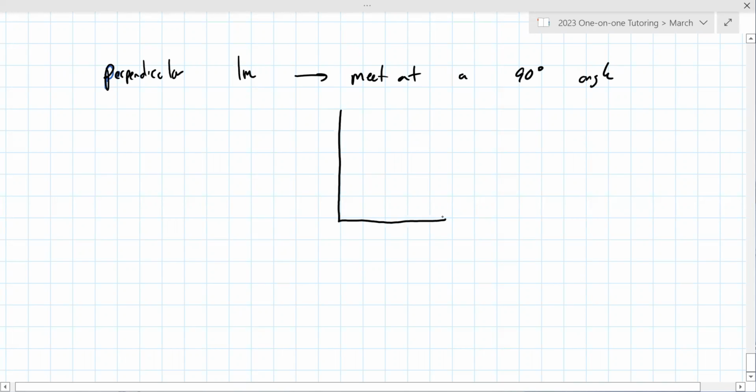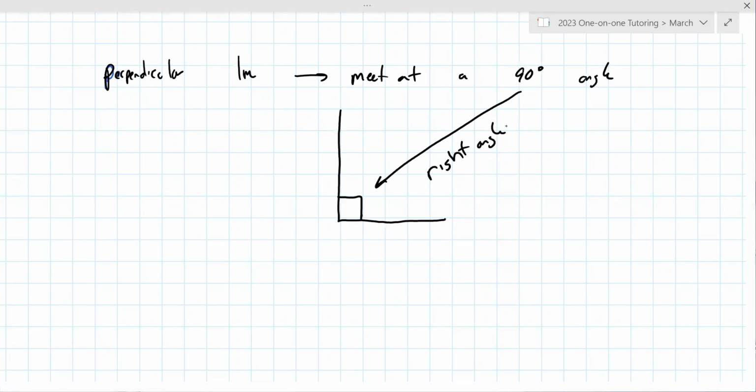Would you agree with that? Yeah. So sometimes they use this box here. This also means 90 degrees or a right angle. So the box means a right angle.